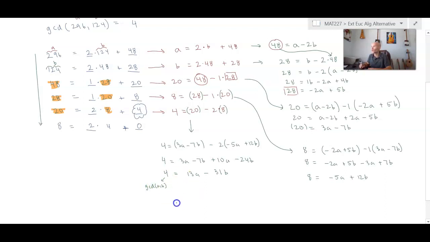So if I rearrange this, I can say that it's 13 times 296 minus 31 times 124 that gives me my GCD.